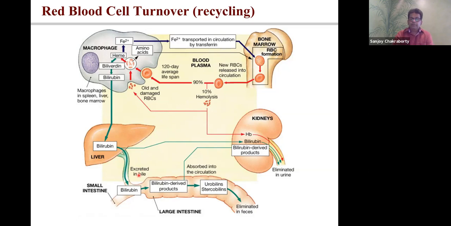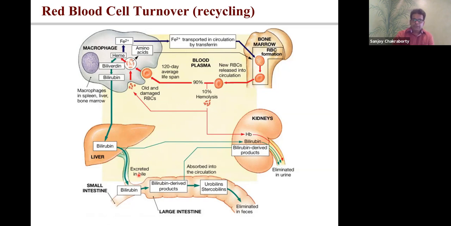Bile is required for fat digestion. In the digestive system chapter, we are going to learn that bile emulsifies fat. Without emulsification, which is a necessary step, fat cannot be efficiently digested by the enzymes.